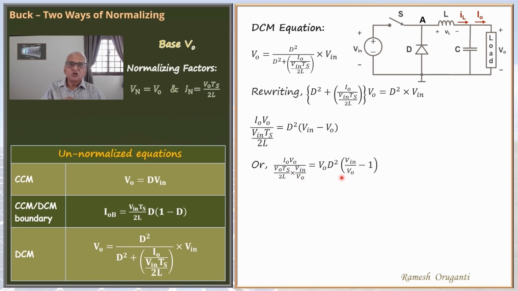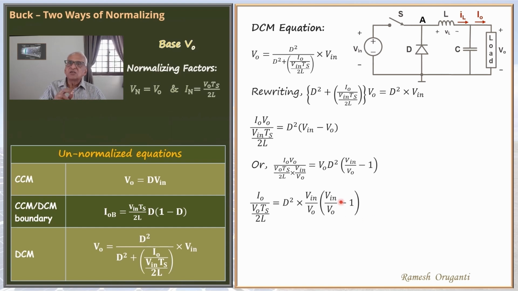That will be equal to V0 d squared within brackets Vn by V0 minus 1. V0 and V0 will cancel. We have got close to the normalized equation already. So I will take this Vn by V0 to the right hand side. So I can rewrite this equation as I0 by V0 Ts by 2L equals d squared times Vn by V0 times Vn by V0 minus 1.